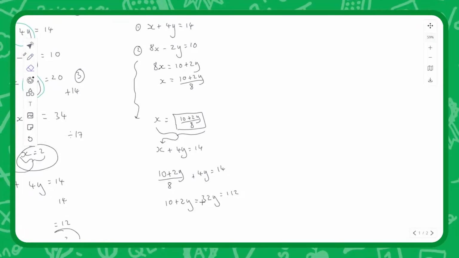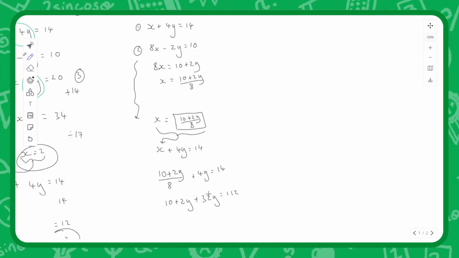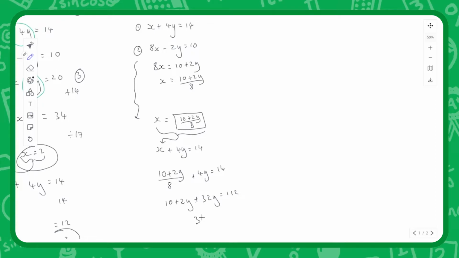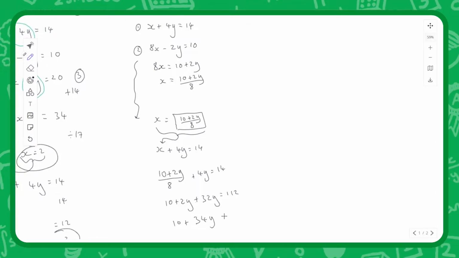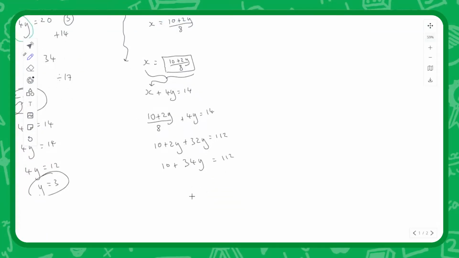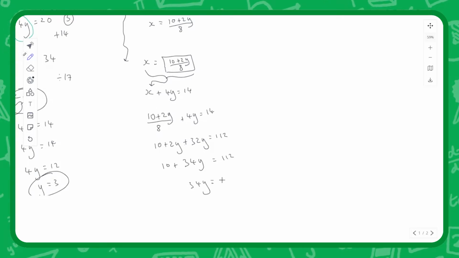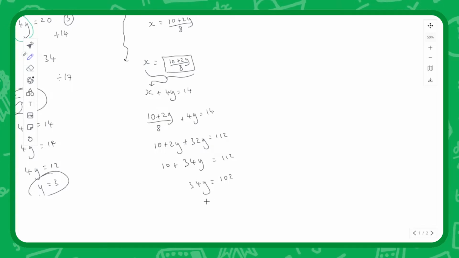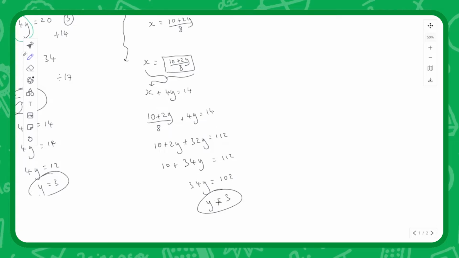I've now got 2y plus 32y, so I get 34y for those two, and I can take care of the 10. If I subtract 10 from both sides, I get 34y equals 102. I can divide both sides by 34, and if I do that, I get y equals 3.